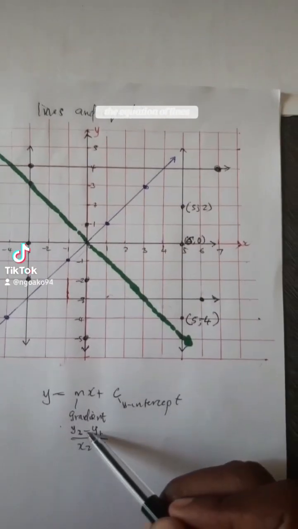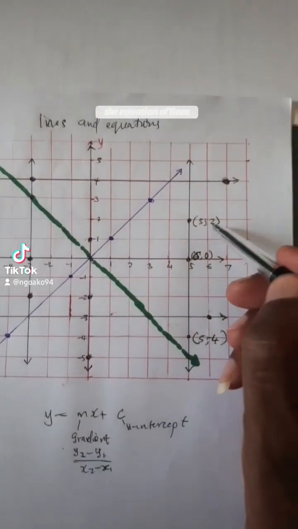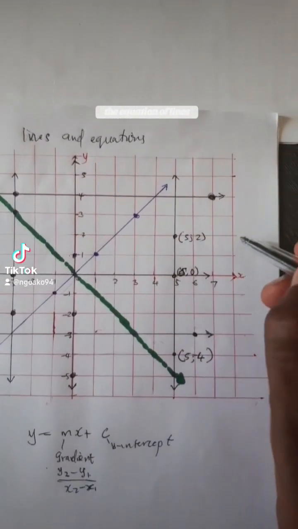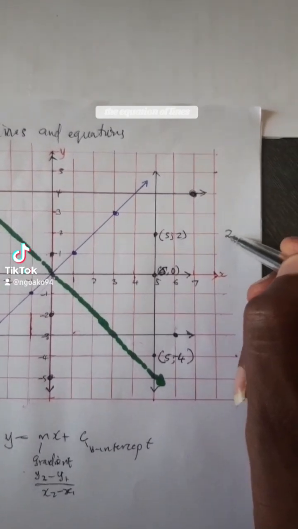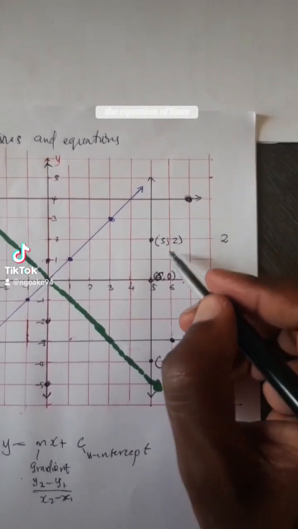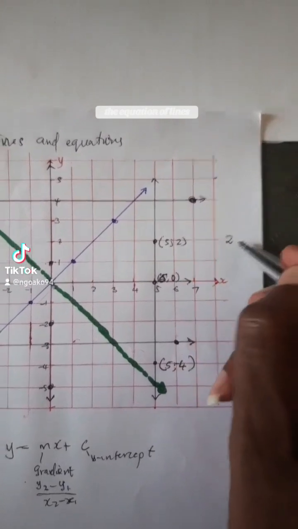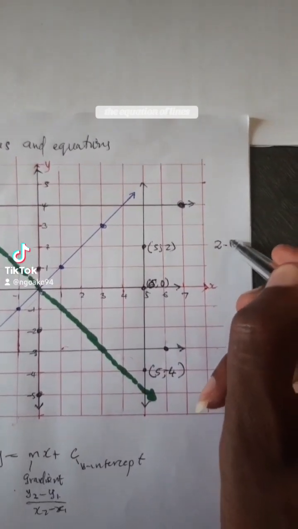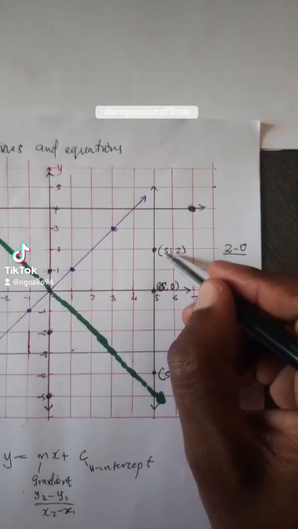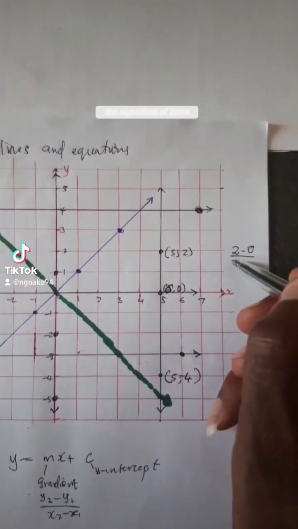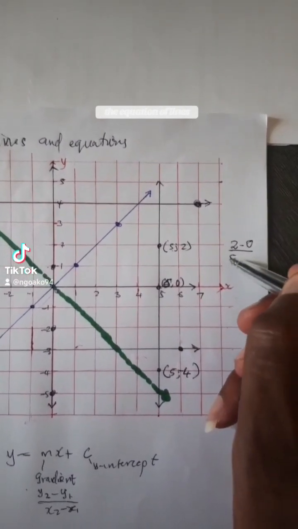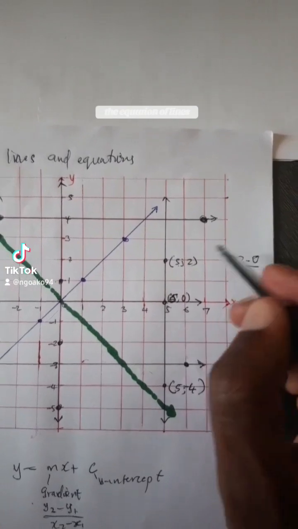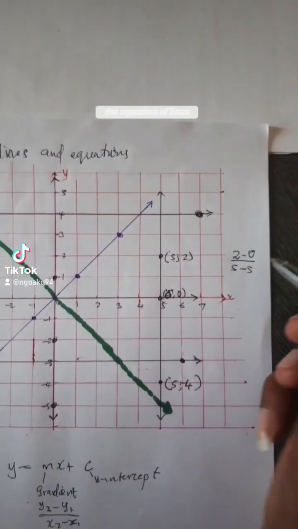So having our equation like this, we'll have y2. If y2 is 2, then y1 must be here, minus 0, over x2, 5, and x1, minus 5.